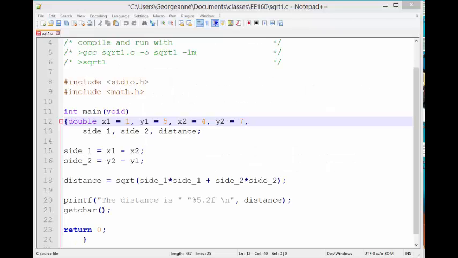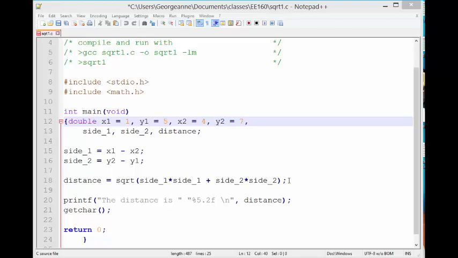Okay, so here's the program typed up in Notepad++. You can see here is where the input and output variables are declared. We're going to talk about this a lot more in chapter 2. It does some calculations. It computes the distance, the square root of side 1 squared plus side 2 squared.